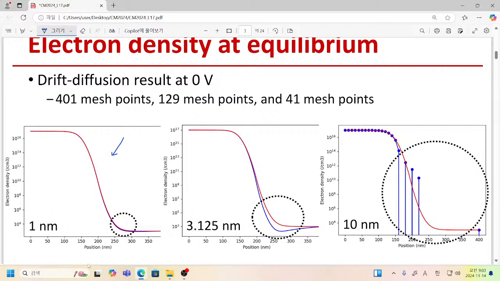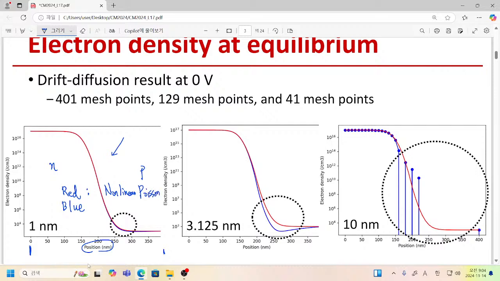Here we have the X position, this is the N type, and here we have the P type. Although it is a little bit difficult to see, here we have a red line and a blue line. The red line is the one obtained from our nonlinear Poisson equation.